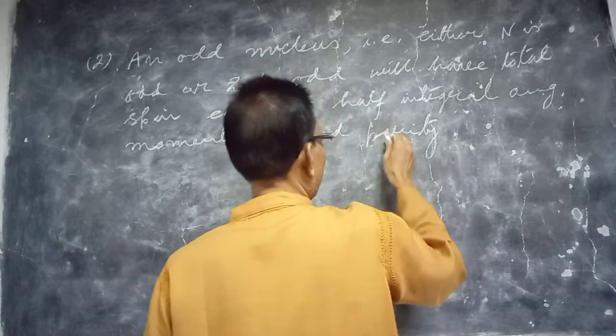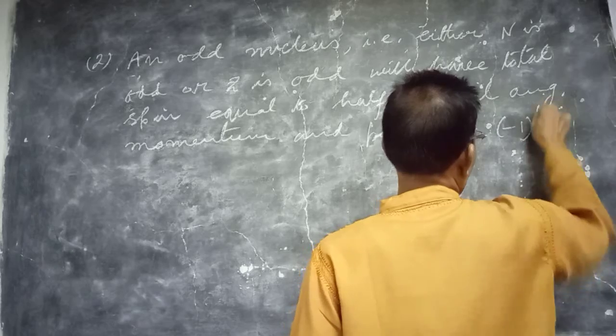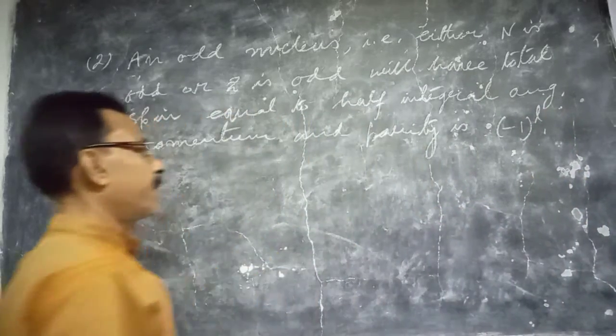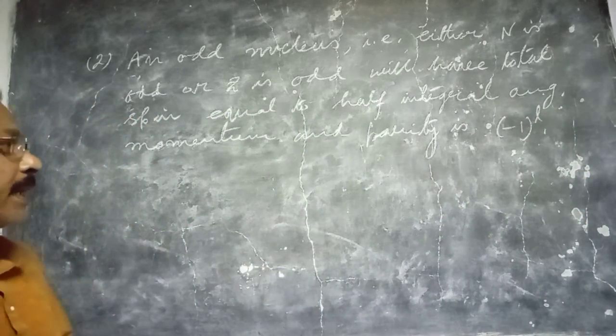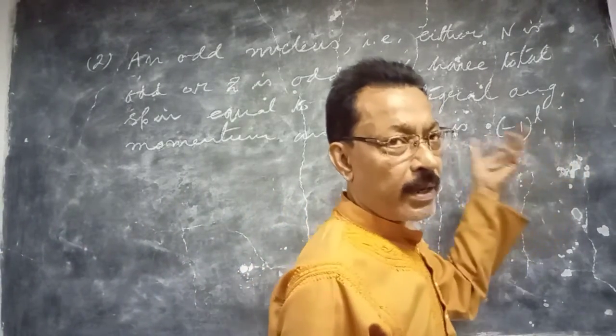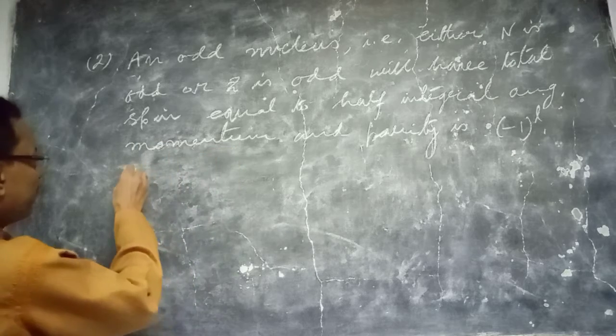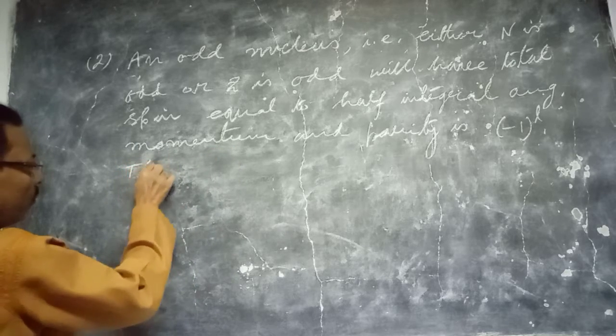we know parity is minus 1 to the power L. In which angular momentum state is that? If it is in P state, it will be negative. If it is D state, L is even, so positive. In this way, according as the value of L, even or odd. But there are some exceptions to this rule.